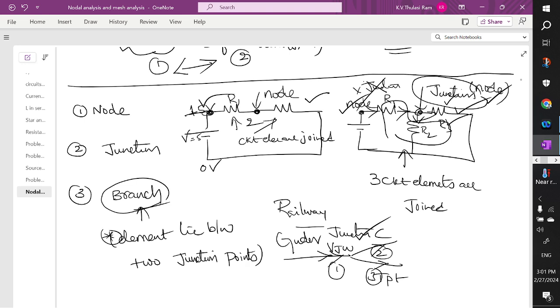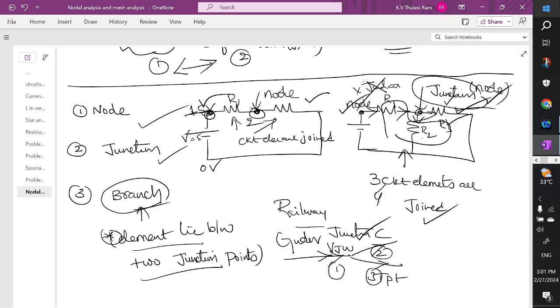So this is node 1, this is node 2, this is called a node. Junction means if three or four circuit elements R1, R2, R3, R4 are joined at a place, then it's called a junction. Branch means an element existing between two junction points.